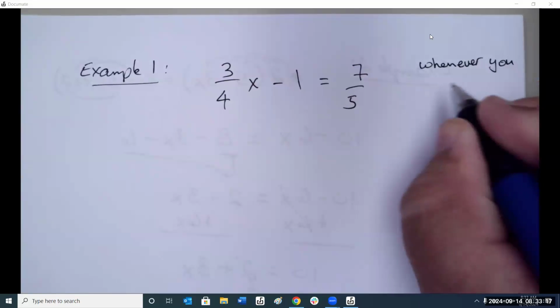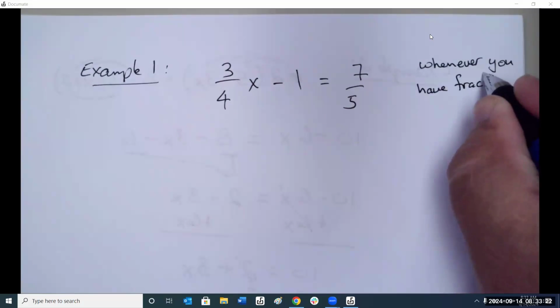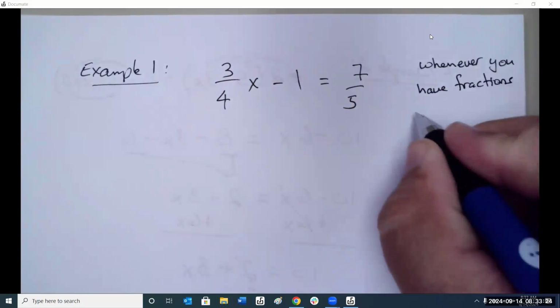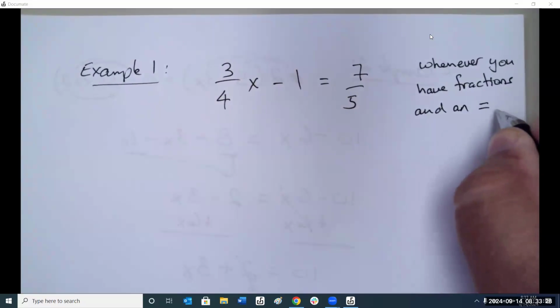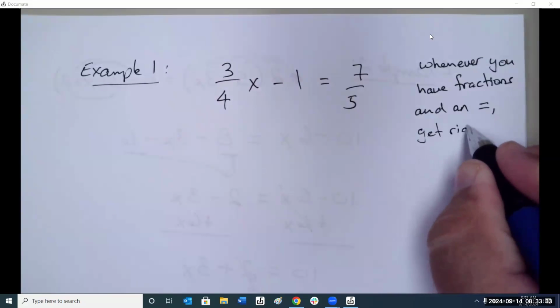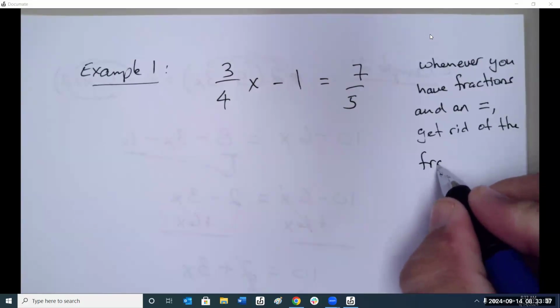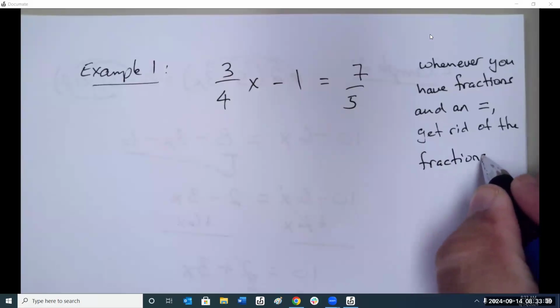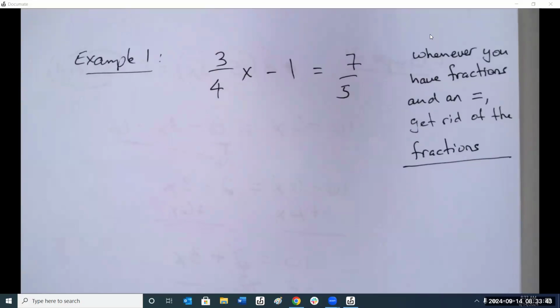Whenever you have fractions and an equal sign, get rid of the fractions. And these next 5 steps are going to be used a lot throughout this course.